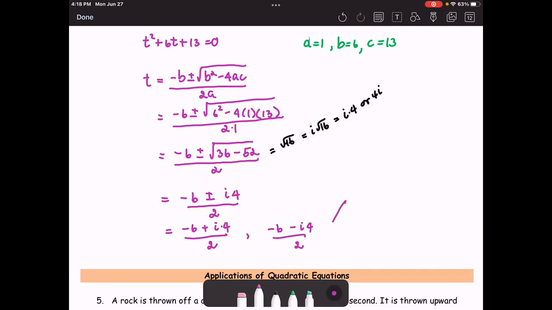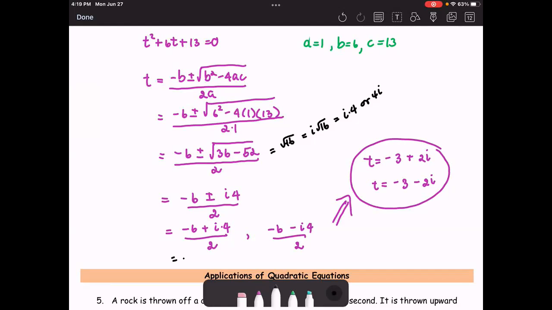And then simplify completely, we get t equals negative 3 plus 2i as one solution. The other is negative 3 minus 2i, as the complex conjugate solutions.